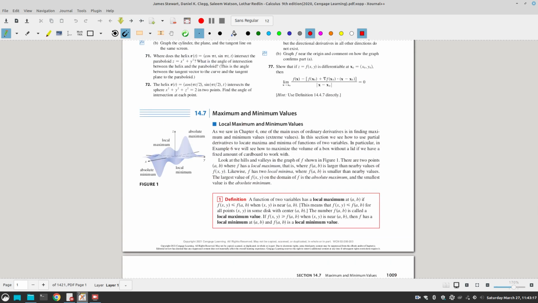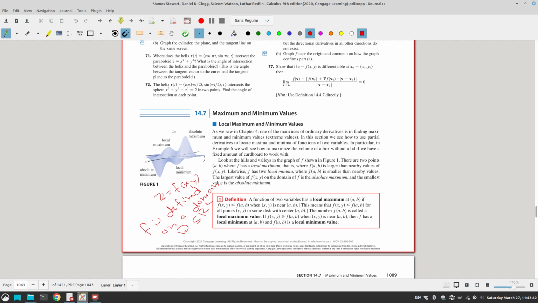Okay, so z equals f of x, y is a surface, and f is defined on a domain D that is a subset of R2.